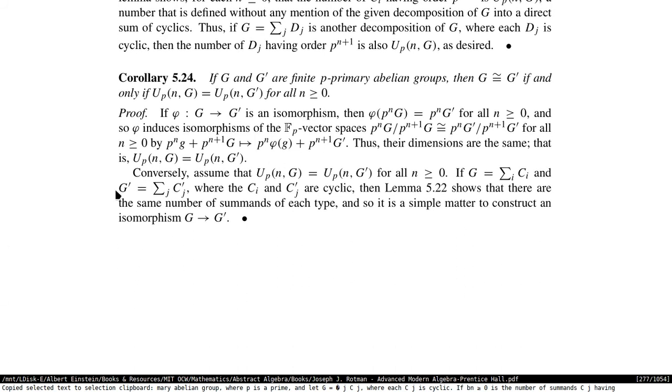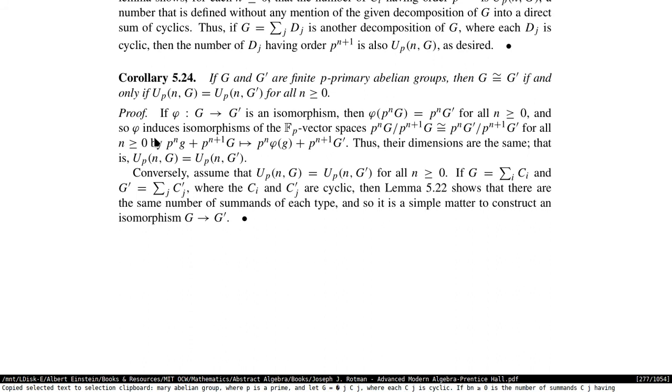What a nice thing. Proof. If your phi from G to G prime is an isomorphism, then the image of p to the n g is equal to p to the n g prime, right? And so phi induces isomorphisms of the vector spaces over F_p, the finite field of p elements.